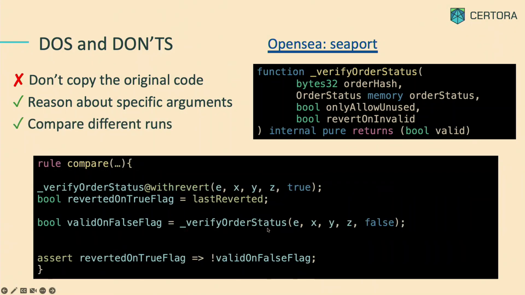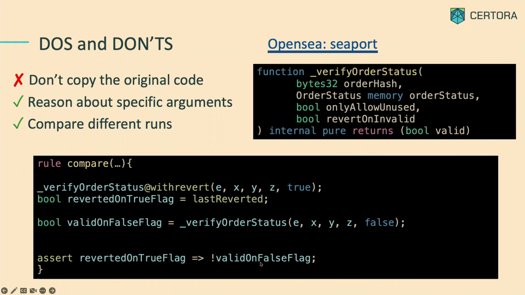Another nice unit test rule will be to compare different runs, okay? So here we say we still have this verify order status. If we call it with true, and we call with the same arguments again with false, so if it reverted on the first case, right, then it should have been false on the other case, right?